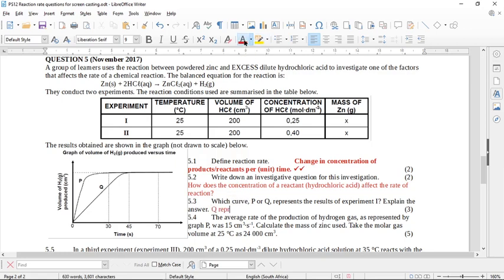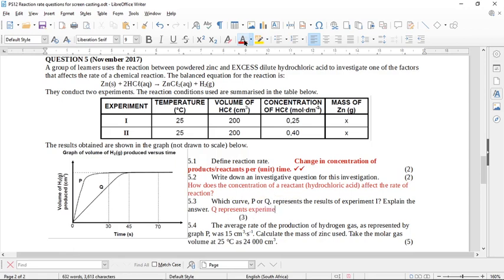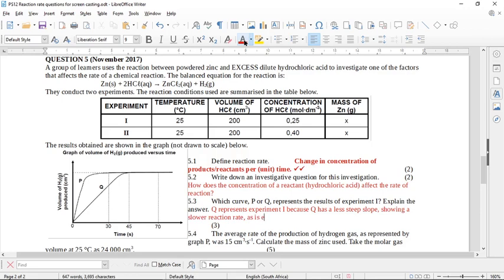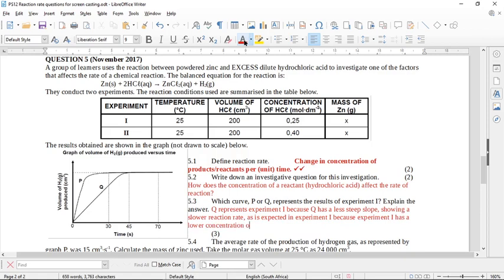Okay. Q represents experiment 1 because Q has a less steep slope, showing a slower reaction rate, as is expected in experiment 1 because experiment 1 has a lower concentration of acid.